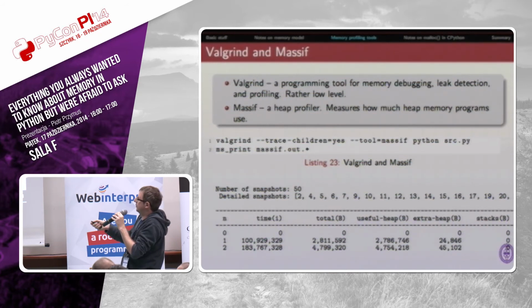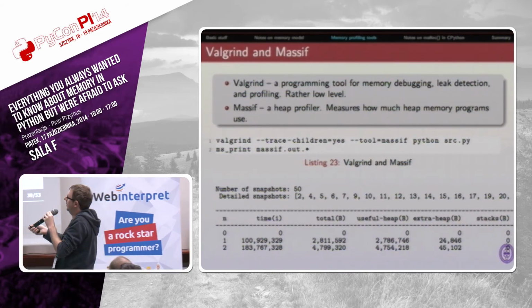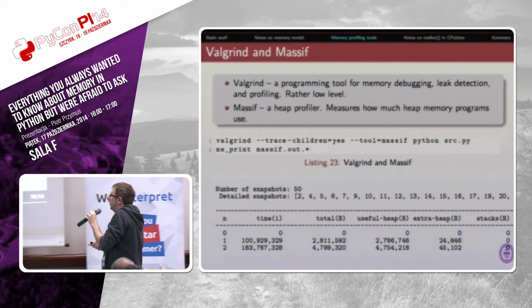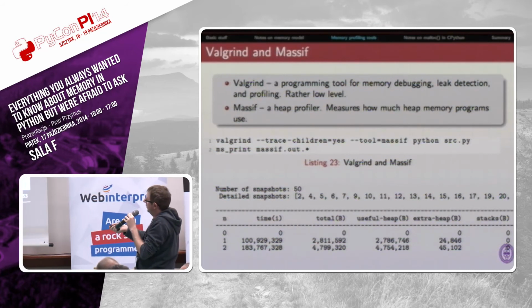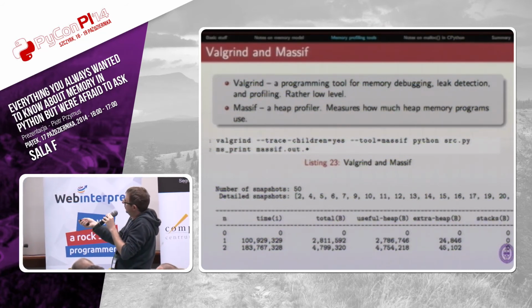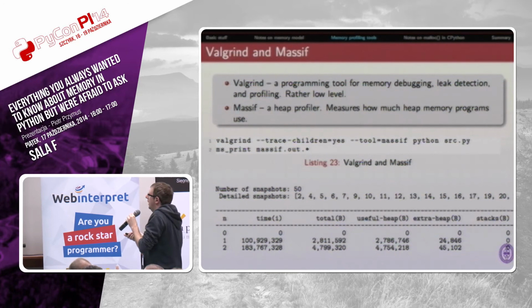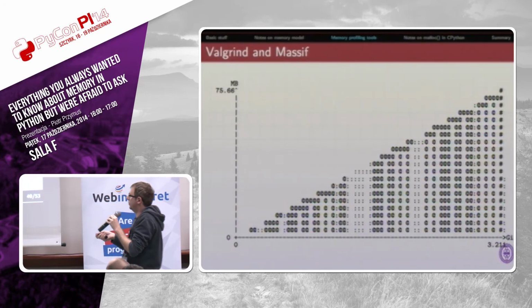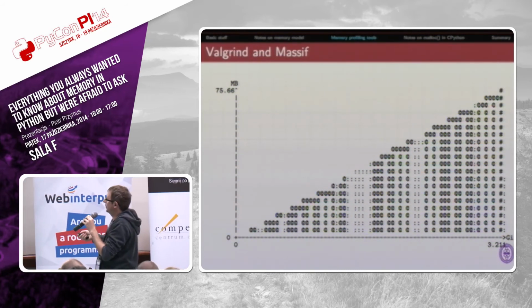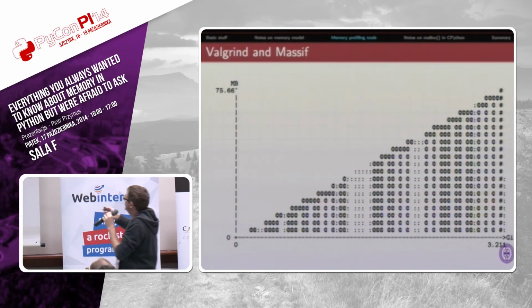So I've just put a star here, and you can use the ms_print program, which will return something like this. So you'll see in bytes useful heap, extra heap, total, and so on. But also you will get a memory monitor, and you will see how the memory usage was in time.